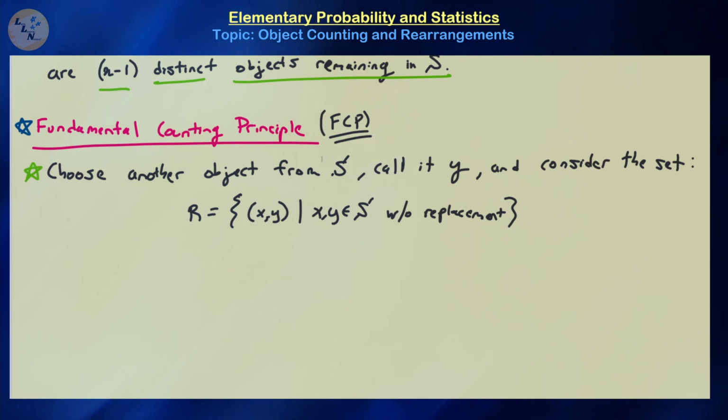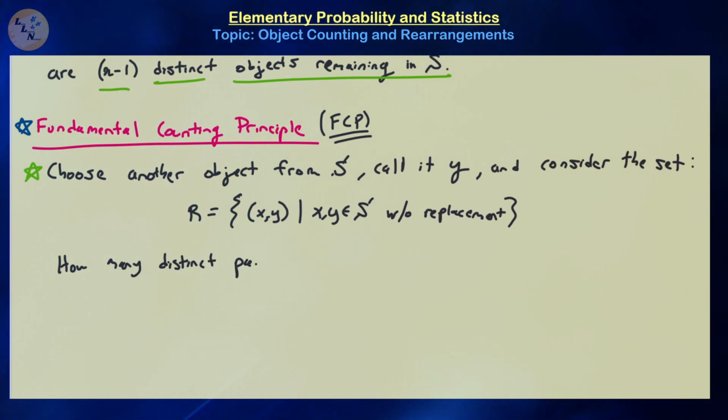So the guiding question here is, how many elements are in R? So how many distinct pairs are in the set R?